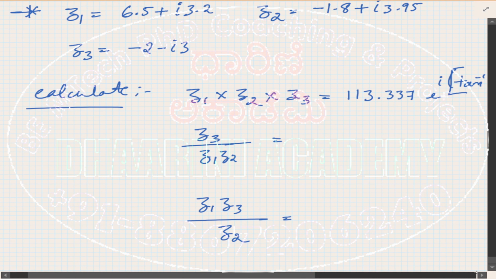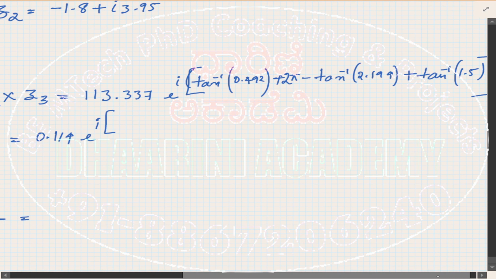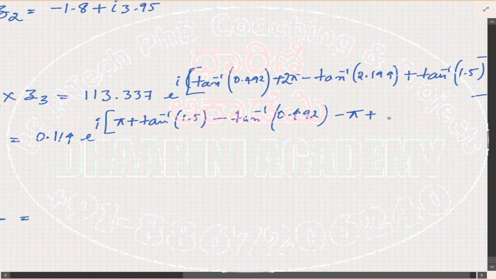Any doubts? Okay, 0.114 into e to the power i times (pi plus tan inverse 1.5 minus tan inverse 0.492, tan inverse 0.194).